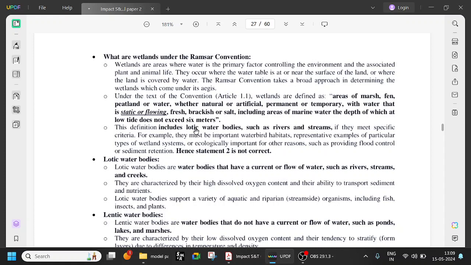This definition includes lotic water bodies such as rivers and streams. We saw static or flowing, right? So even rivers and streams come under wetlands if they meet specific criteria. For example, they must be important water bird habitats, representative examples of particular types of wetland systems, or ecologically important.